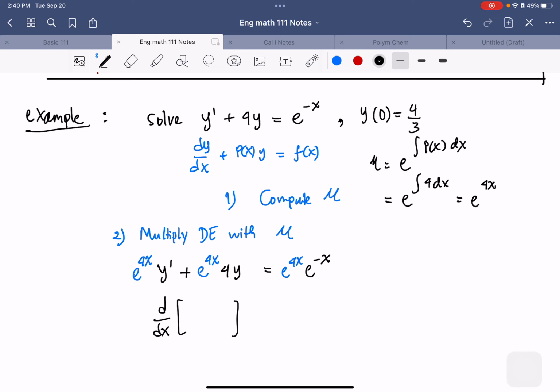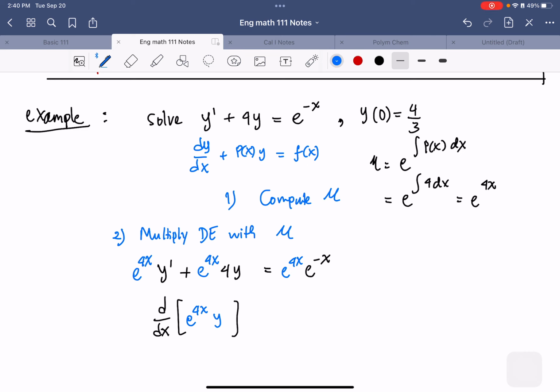So to start the product form, you can try any forms from these possibilities. Maybe e to the 4x times y, then see the correlations. If you have proven that it's correct, then that will be your product form. So let's just try e to the 4x and y, imagining a product rule.